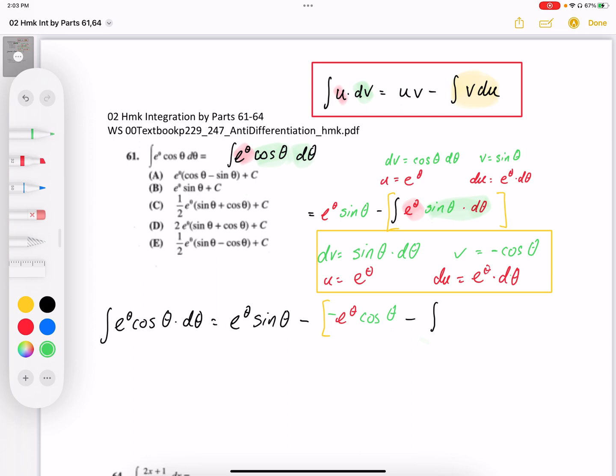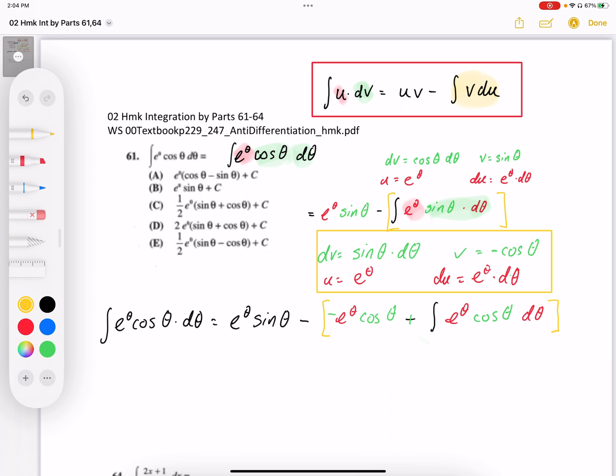So I end up with e^θ, the cosine θ is my v, the dθ came from the du, and then I had that extra negative cos, so I'm going to make that plus. Okay, so really we have to be careful of our signs here.